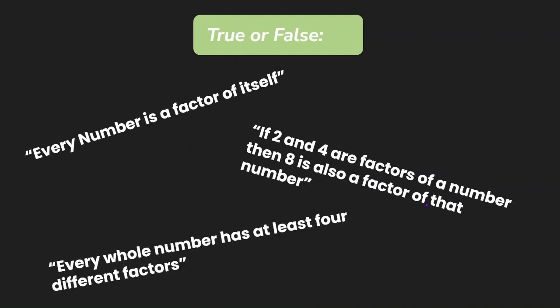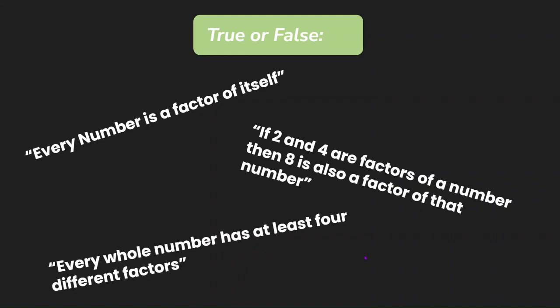Here's your next statement. Every whole number has at least 4 different factors. Is that true or false? Take a moment to think about it. This is false. Every whole number has not 4, but 2, which would be 1 and itself, because certain special numbers called prime numbers only have 2 factors.